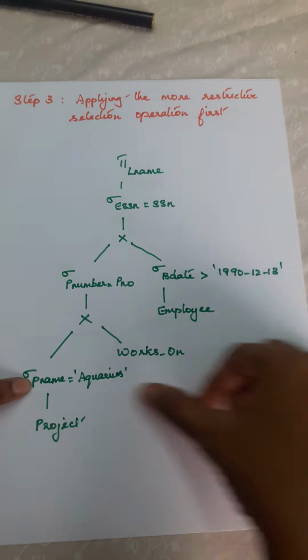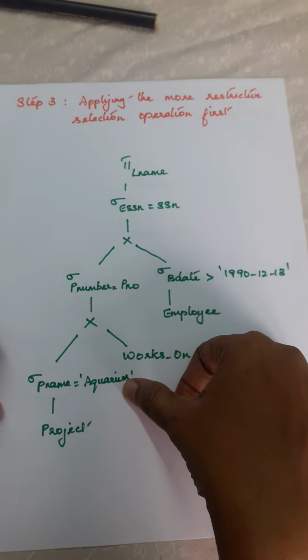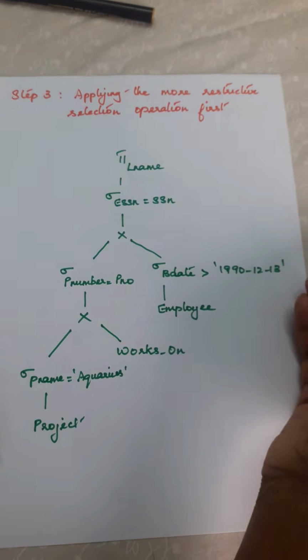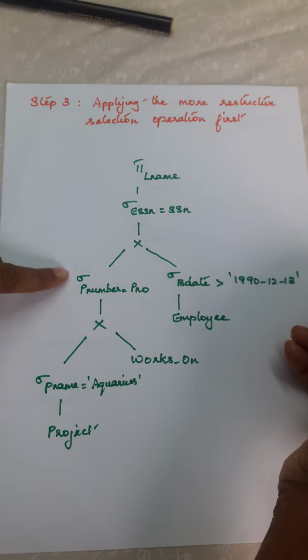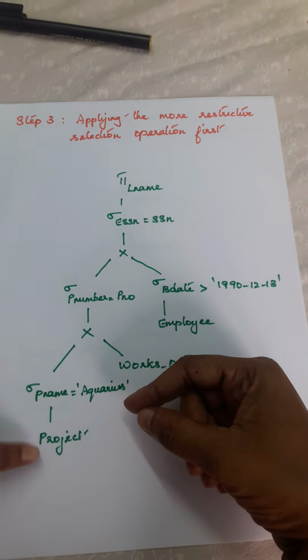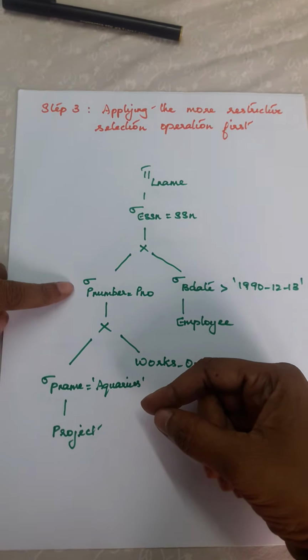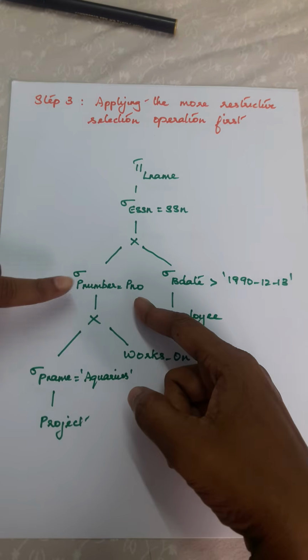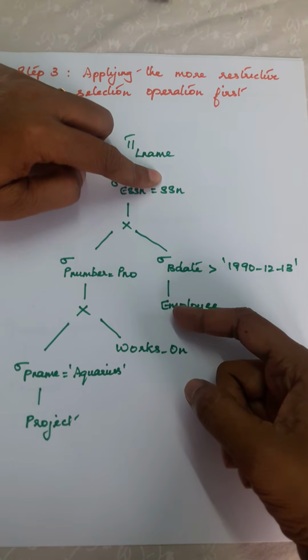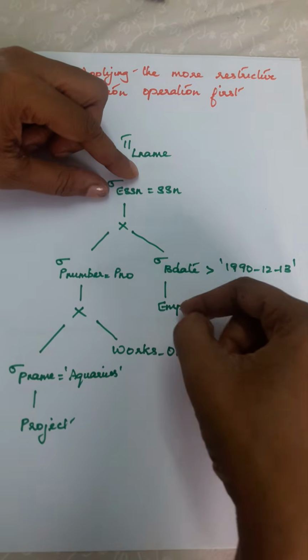Here you can see sigma p name is equal to Aquarius is brought to the beginning and sigma birth date is brought to the end. Based on that, the related conditions will also change. So here you can see project is here. So the sigma p number is equal to PNO has come here, and this sigma ESSN is equal to SSN has come here because employee table is here.